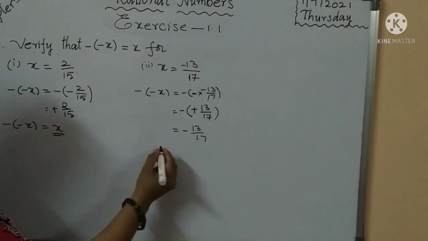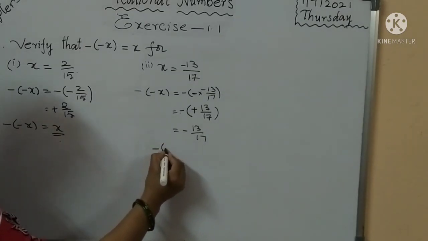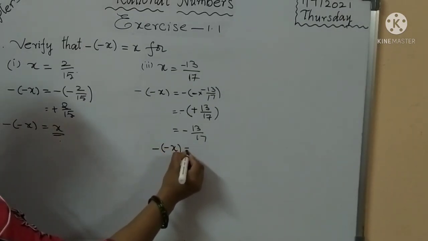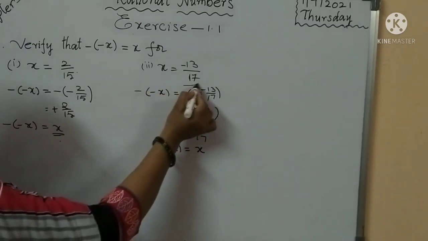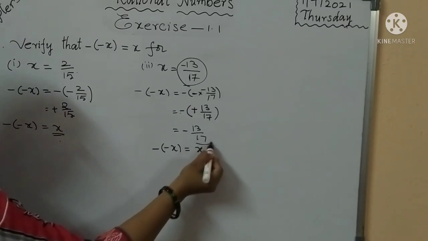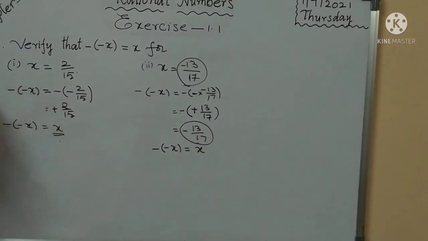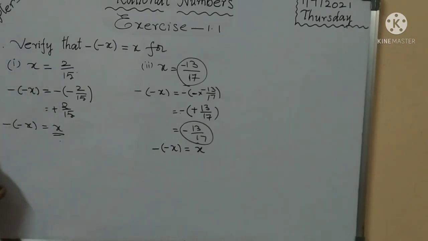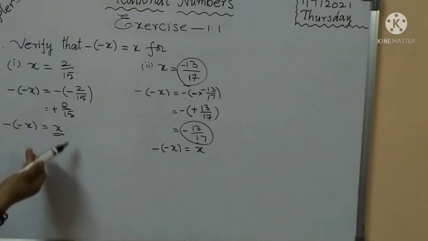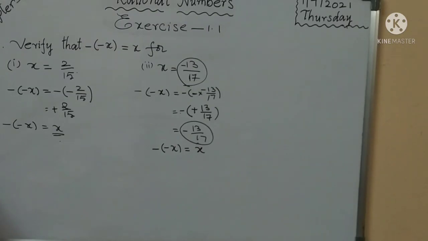So finally minus of minus x is equal to x. In this problem the x value is minus 13 by 17. Here also we get minus 13 by 17. So minus of minus x equals x. Here also minus of minus x equals x. It is correct, yes.